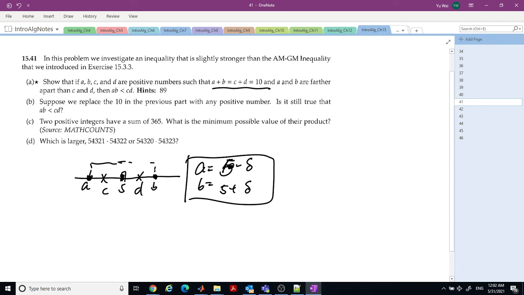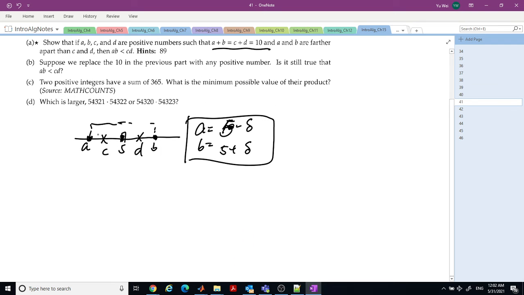So we want to show AB is less than CD. Without loss of generality, we can say A is less or equal than 5, and C and D are such that C is less than or equal to 5, right? And B is here, and D is here. So now let's see AB.